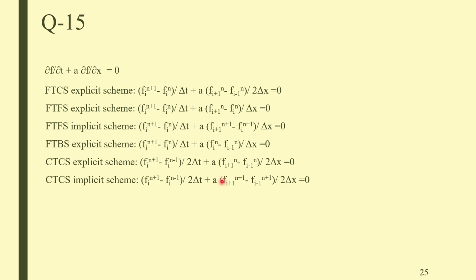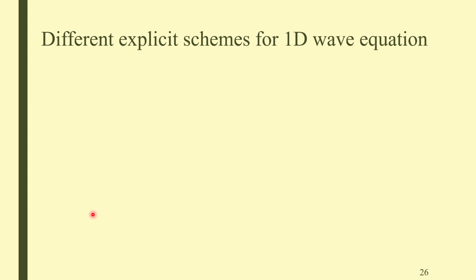And for implicit schemes, we would be using the n plus 1th time step. So all these are simple equations because it is an unsteady advection equation. On seeing them, we can say that these are consistent equations, and they can be conditionally stable or unconditionally stable depending on whether we are using implicit or explicit schemes.